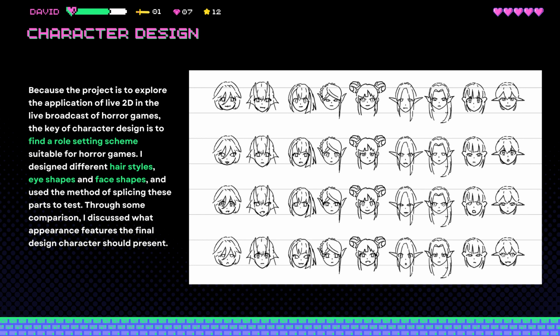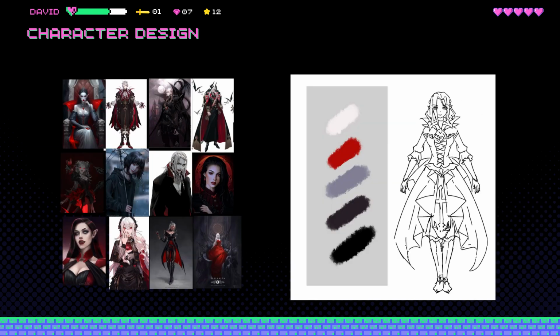So I made many hair designs, eye designs, and face designs to match which character I will use in our project. Combining the different parts is a relatively intuitive way to test the character's style characteristics. Then I specifically designed 3 types of characters, which correspond to the 3 types of characters that typically appear in horror works, namely vampires, Chinese zombies, and Japanese Oni monsters.